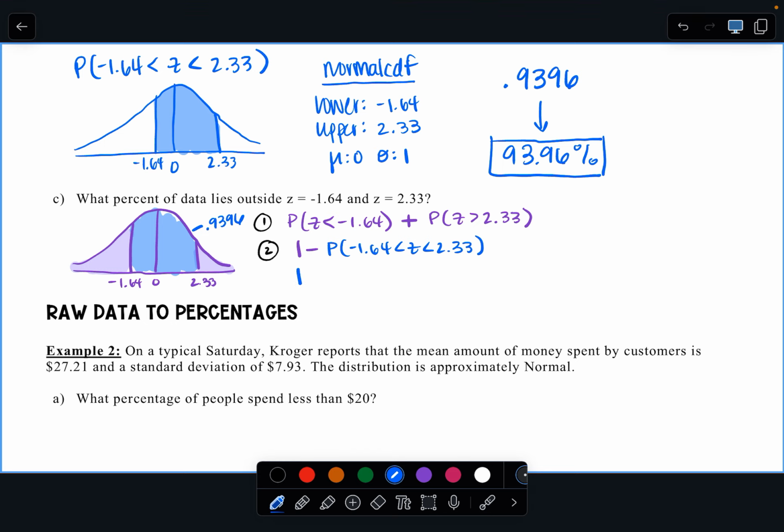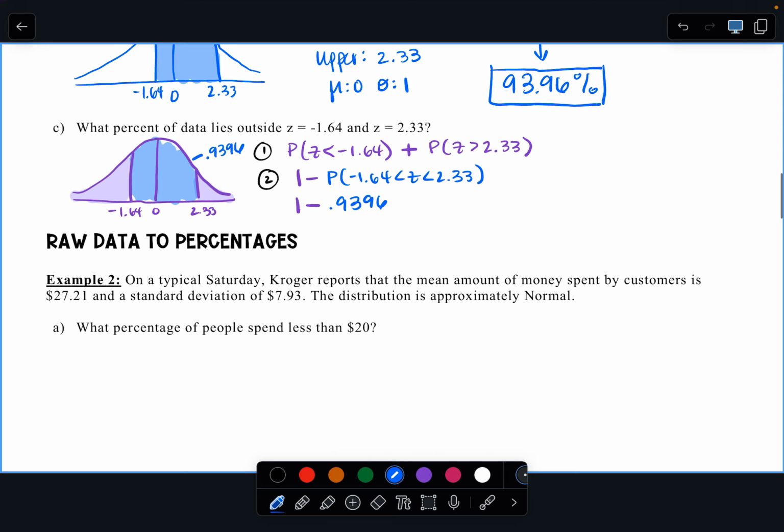So all I'm doing is 1 minus 0.9396. If you have a question like this and you've already shown your work for how you found 0.9396 in part B, you don't have to write it again. I'm not going to write normal CDF for this problem because I've already done that. Every time a person grades your FRQ, we are not just grading parts.